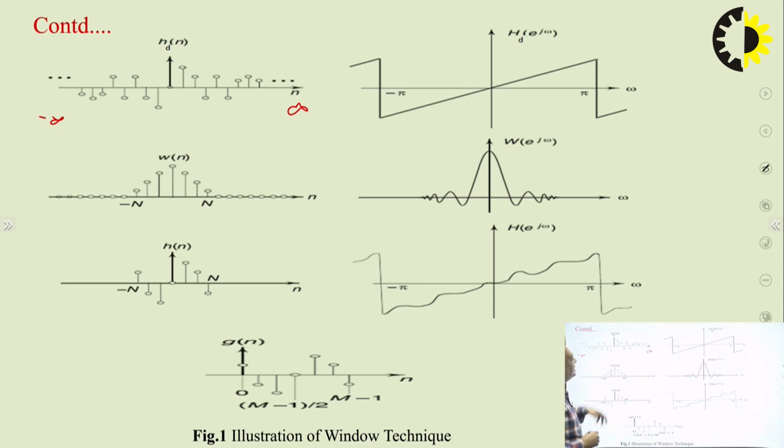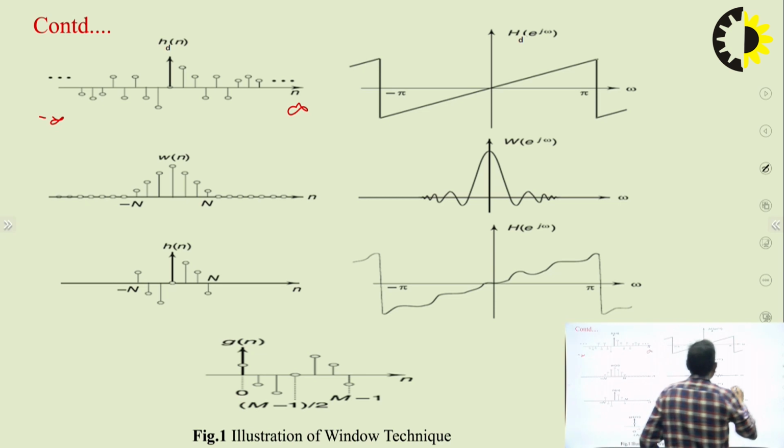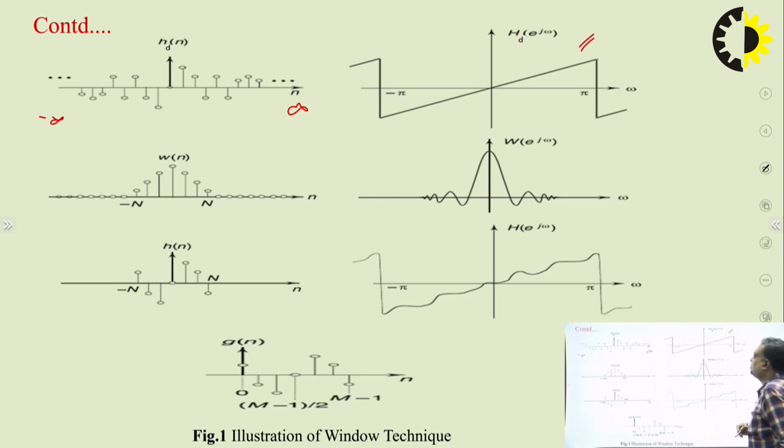If you find the frequency response in this case, you will get this type of frequency response, because it is a digital filter, so it will be repeated from minus pi to pi, or from 0 to 2 pi it will again repeat. Now we have chosen w(n) as a window function. Right now I am not describing a particular type of window function, but I am taking an arbitrary window function.